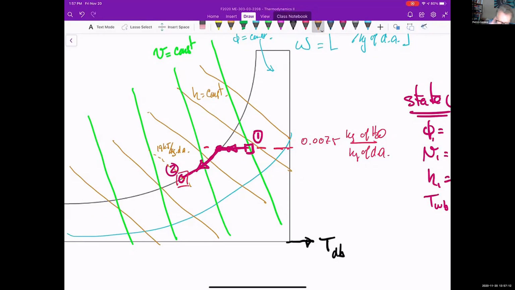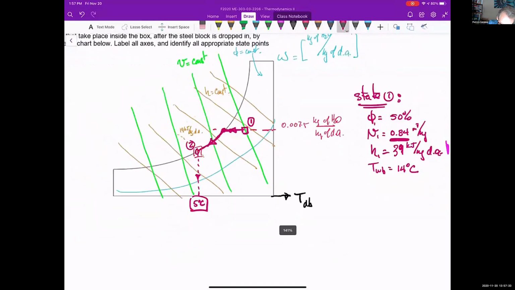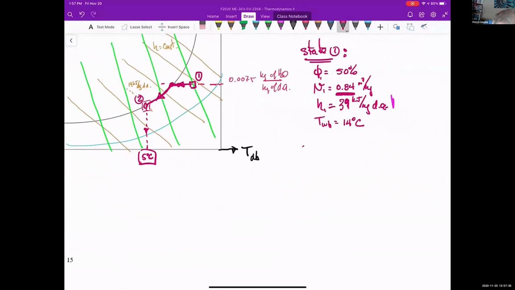So that's my point. That's where I'm at. And just by looking at the psych chart at that point, I can immediately get, by going down, that I am at looks like right about 5 degrees Celsius. So that tells me my final point. T2 is equal to 5 degrees Celsius, state 2. Phi is equal to 100%, right? I'm saturated still.